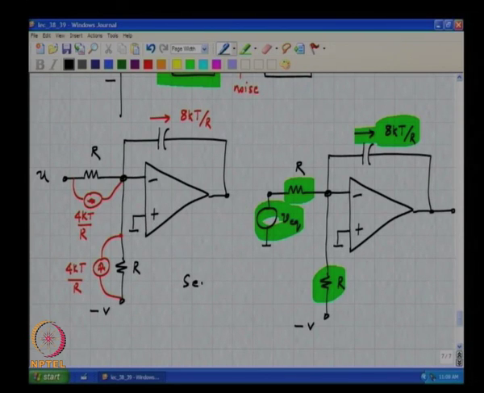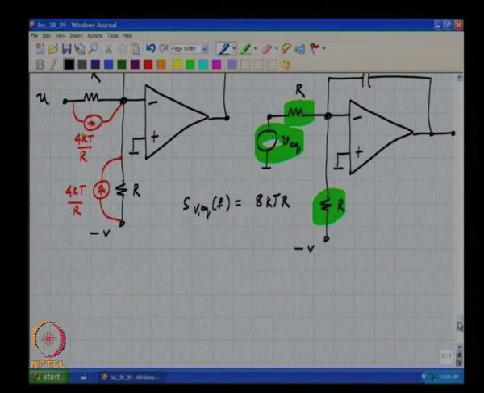So, S_VEQ of f is nothing but 8kT into R. You understand? Is that clear?